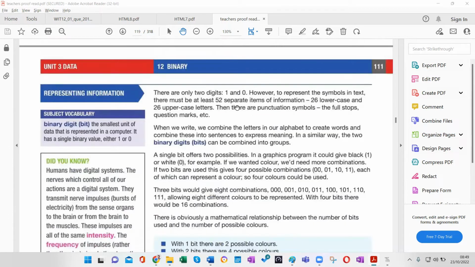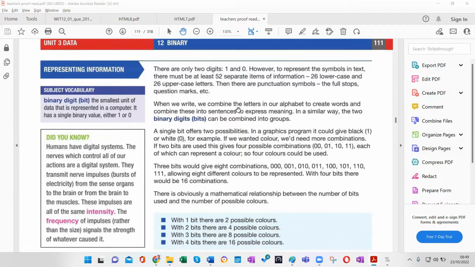And you know that 1 is represented as an electric current, and 0 is no electric current. So it sends pulses, right? Usually 1 is represented with 5 volts and 0 is 0 volts. So it's a set of pulses that we send inside the computer, right?